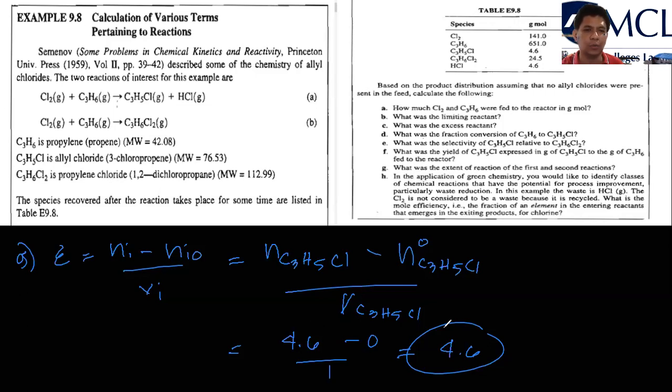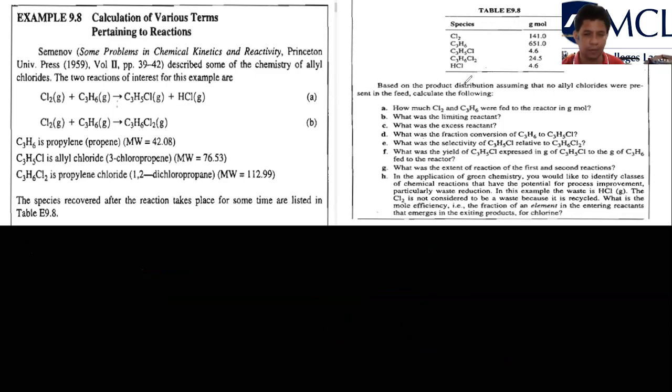And then for reaction 2, still on letter G, reaction B. The same equation for extent, n sub i minus n sub i0 divided by v sub i.